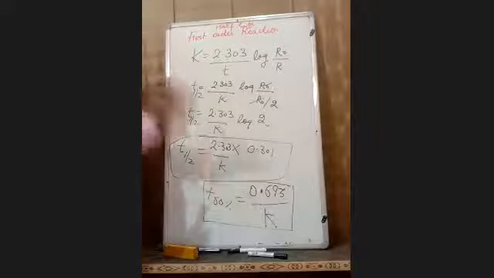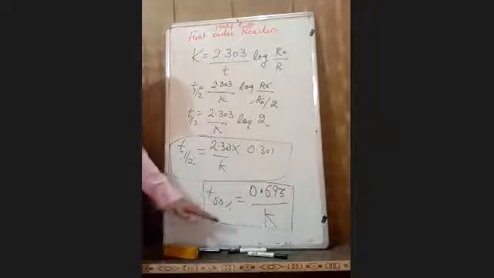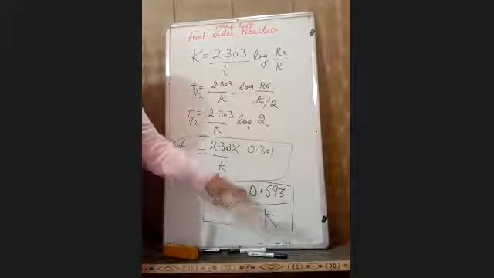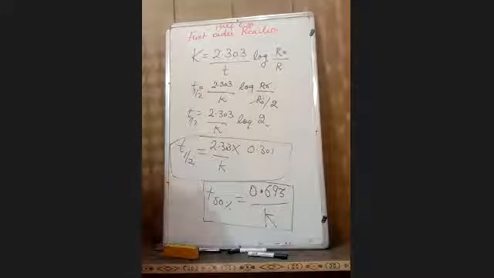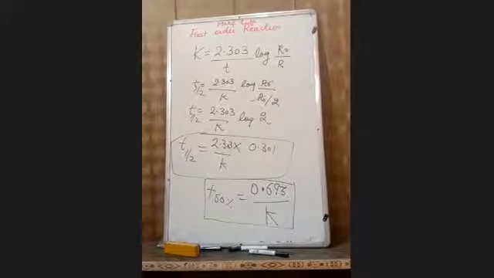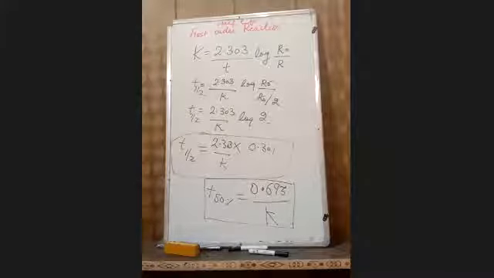Now, most important point: half-life of first order reaction is independent of initial concentration of reactant. I repeat, T half for first order reaction is independent of initial concentration of reactant. But for zero order, it is equal to R naught over 2K.